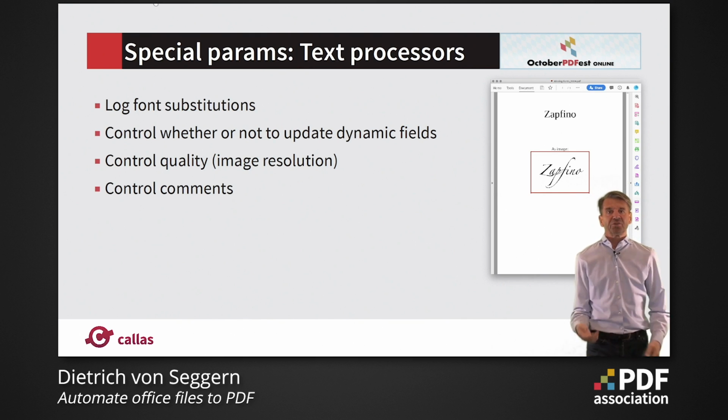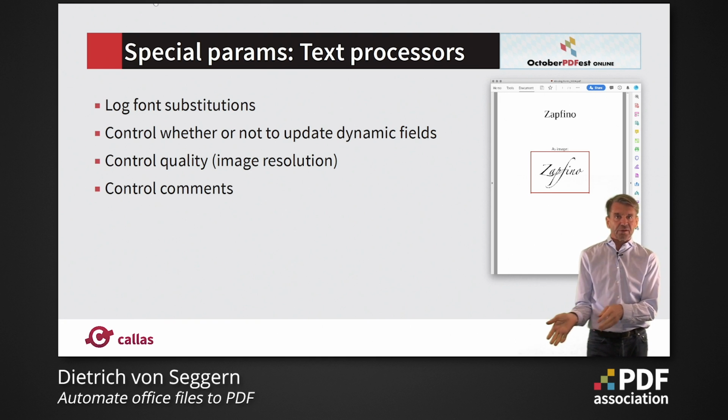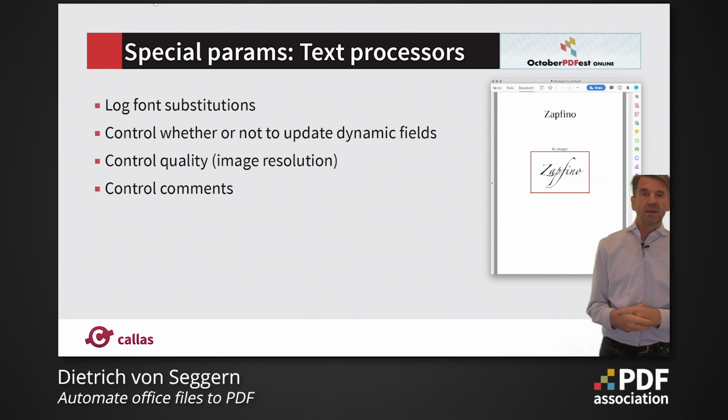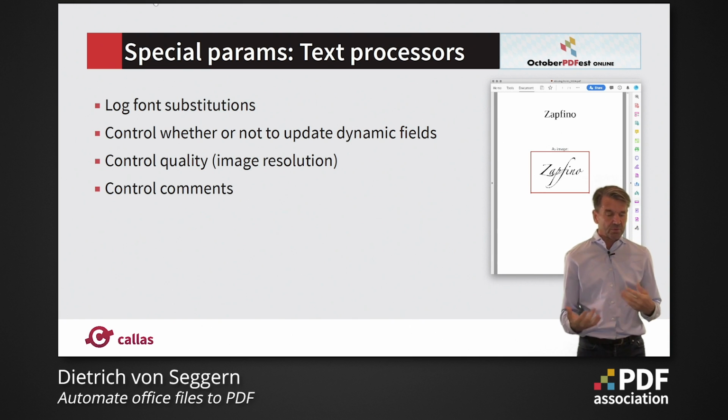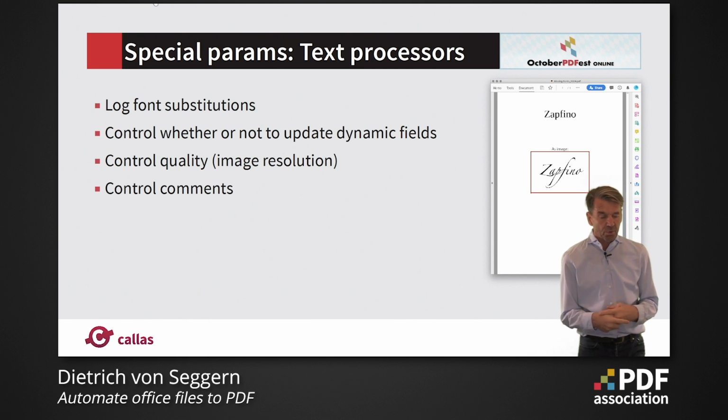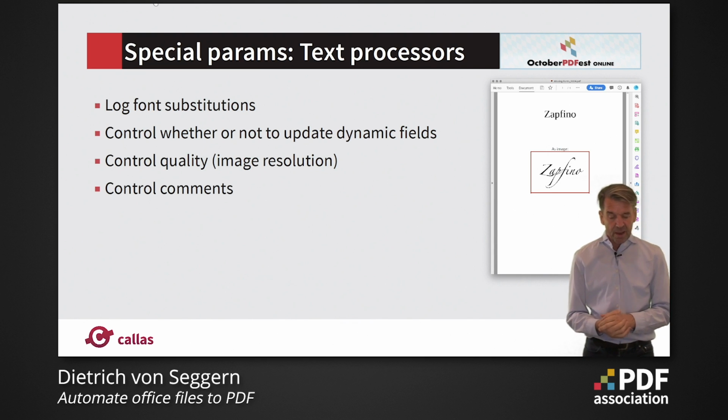A few more things that we found important in the past 7 years when we developed this. We've introduced a solution that allows you to log font substitutions so that this doesn't happen silently. So it's possible to log it and react on it, for instance, to throw the result away and instead give an error.